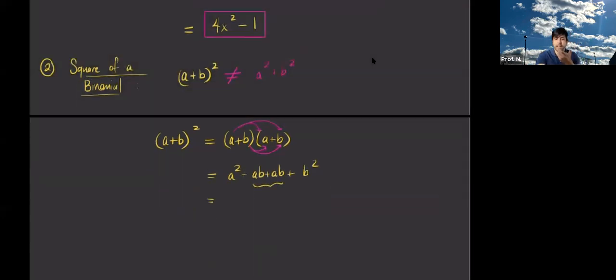When you combine the like terms, you have a squared plus 2ab plus b squared, or the way you said it, a squared plus b squared plus 2ab. But normally we put the squares on the ends and the middle term in the middle. So (a + b) squared is always a squared plus 2ab plus b squared.